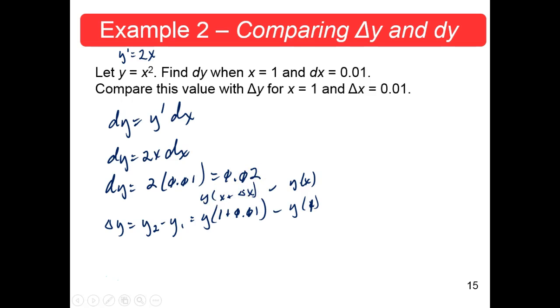That's what your difference in y is. So what is y of 1 plus 0.01 minus y of 1? How do you get y of 1 plus 0.01? Here's your y.